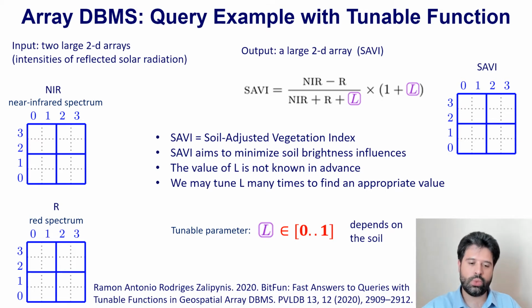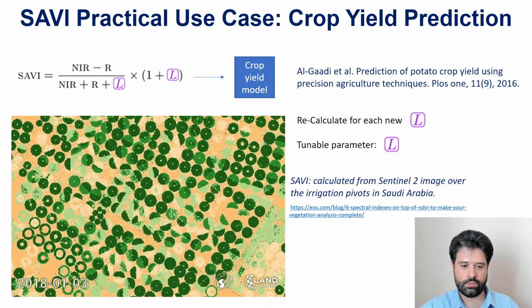As output, we get a large 2D array, Soil Adjusted Vegetation Index, SAVI. SAVI aims to minimize soil brightness influences. It is special because it includes a tunable parameter whose value is not known in advance. We may tune L many times to find an appropriate value.